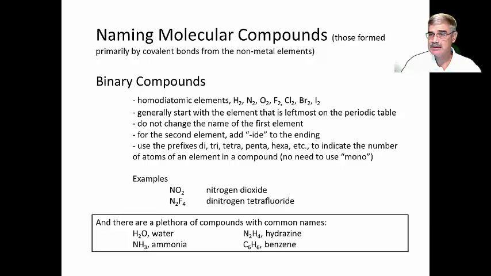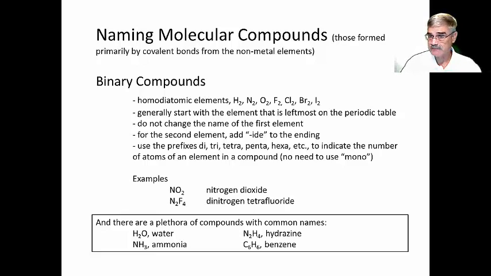So nitrogen dioxide. In my second example, it would be dinitrogen tetrafluoride. So notice we use di to indicate two nitrogens, tetra to indicate four fluorines, but we change the ending of fluorine to "ide" because it's the second place in the name of the molecule.